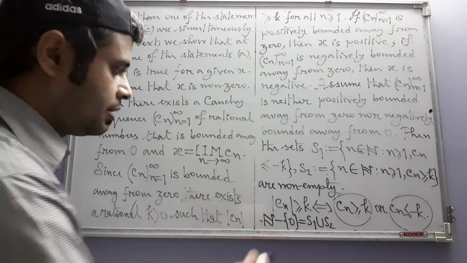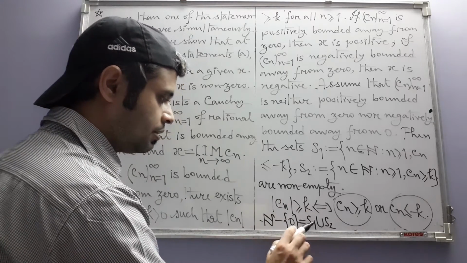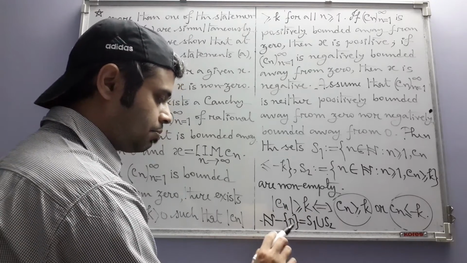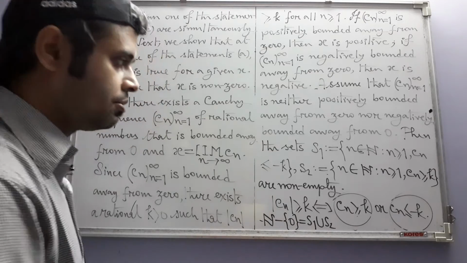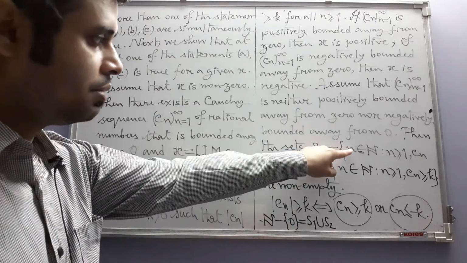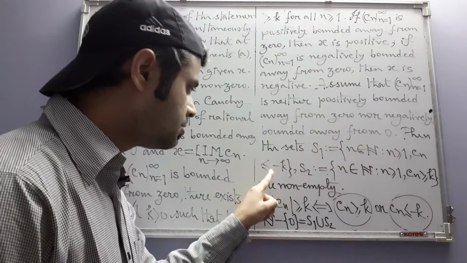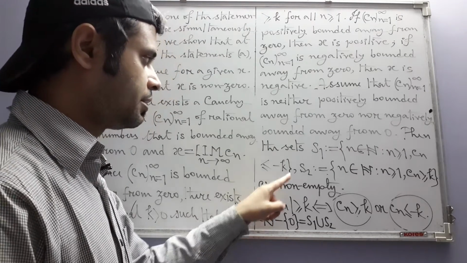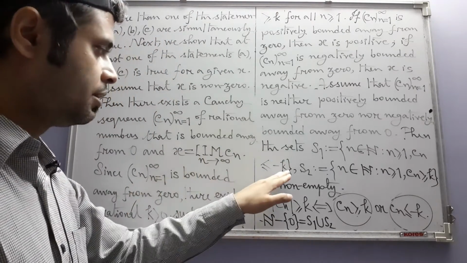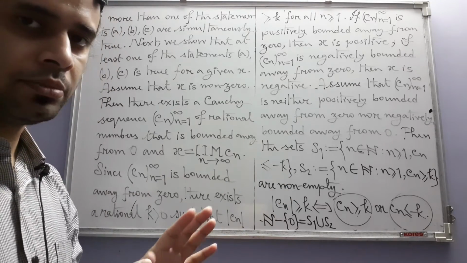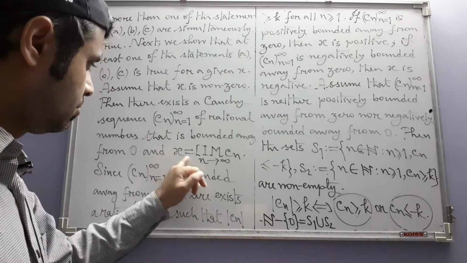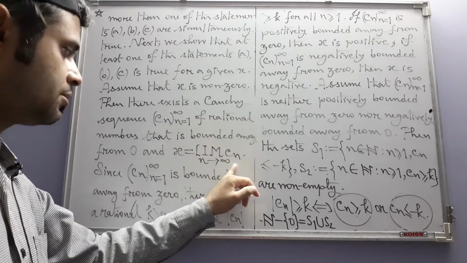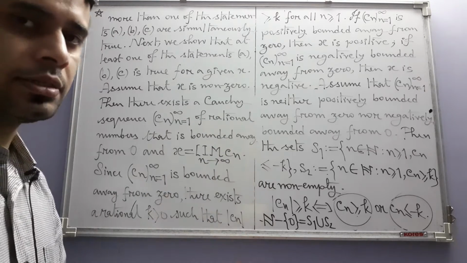On the other hand, if S2 is empty, then the set of positive integers becomes equal to S1. That means for every positive integer n, this is true, and this in turn tells us that the sequence Cn is negatively bounded away from 0, which, combined with this, tells us that x is negative.